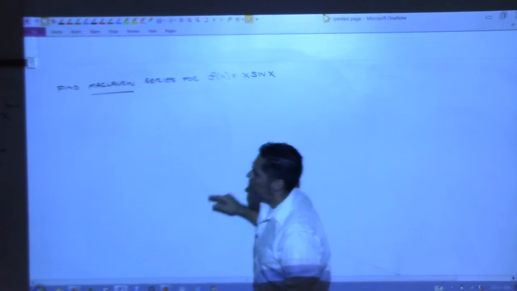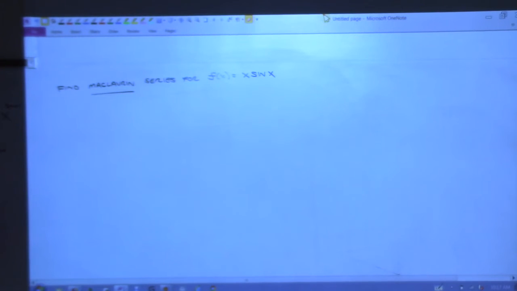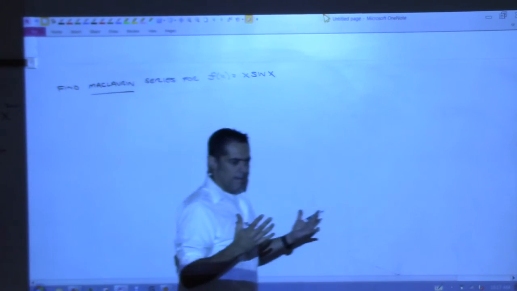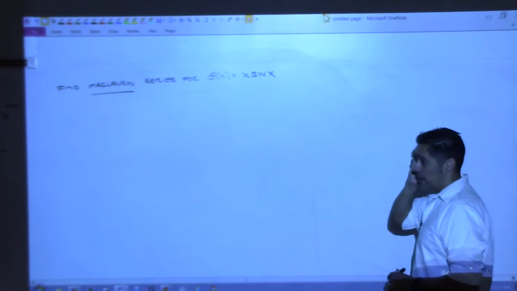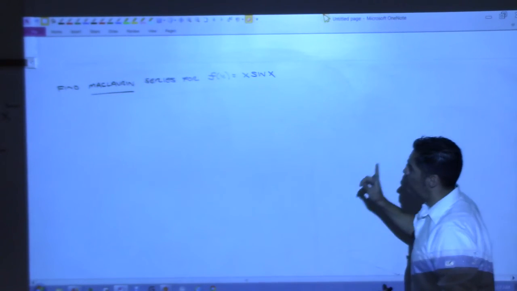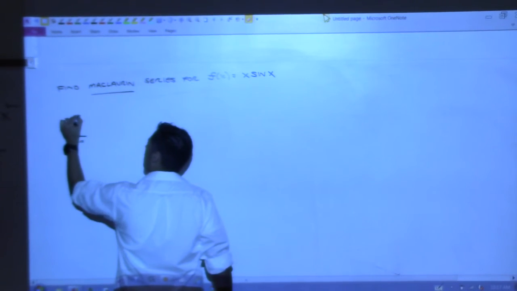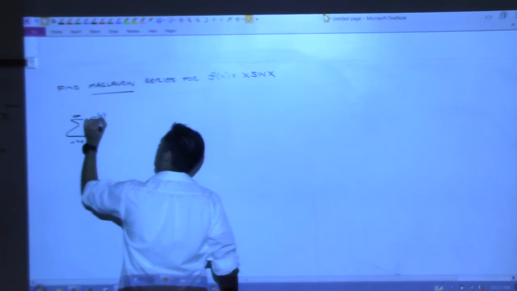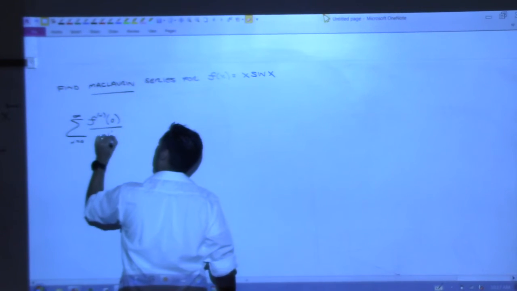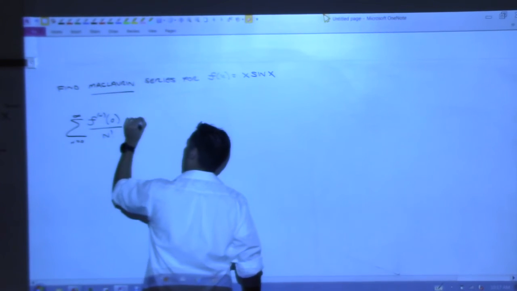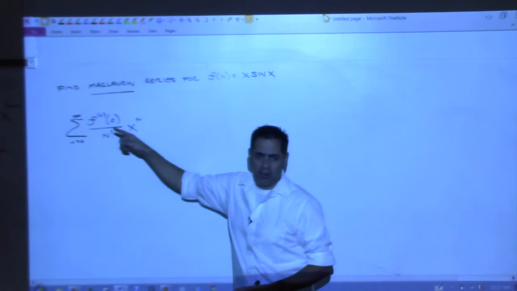So I would just put an x out in front and push the x into the formula. But let's act like we don't know that. So here's what we need to come up with: sum n equals 0 to infinity, the nth derivative at 0 over n factorial, x to the n. We're plugging in 0 because we're doing a Maclaurin.